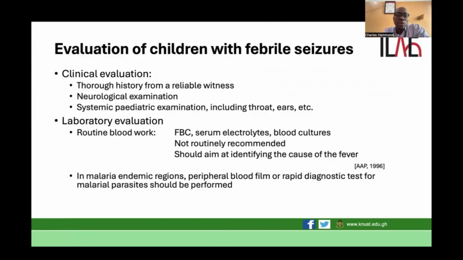A thorough neurological examination, especially to look for focal neurological deficits, and then other neurological features like neurocutaneous lesions are important to look for. And then a systemic pediatric examination is very, very important in children presenting with febrile seizures. You may have to look at the ears and then the throat, because these are common foci of infection for children presenting with febrile seizures.